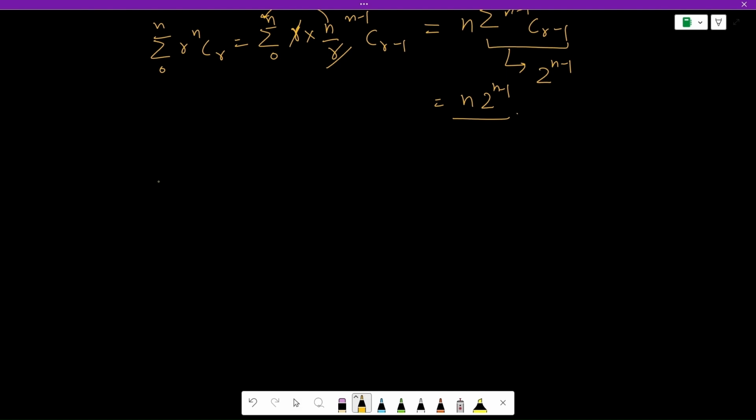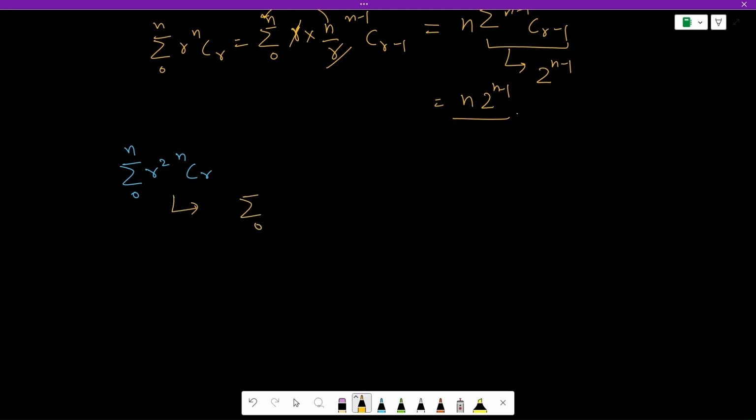Then the next result is summation r square nCr, 0 to n. Now this is also similar to prove. Try it yourself, then I will show it to you. So let's start.